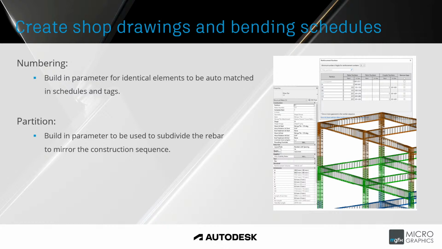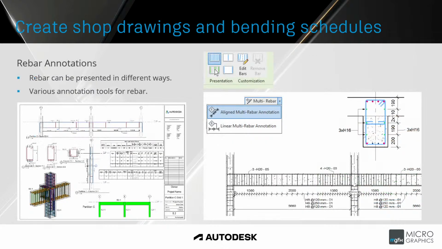You can see on the right there, it's color coded, and there's a couple of schedules involved there. Okay, so once these objects are placed, the rebar, and once the parameters are completed, you can then start producing views.